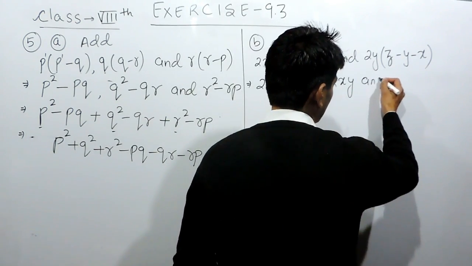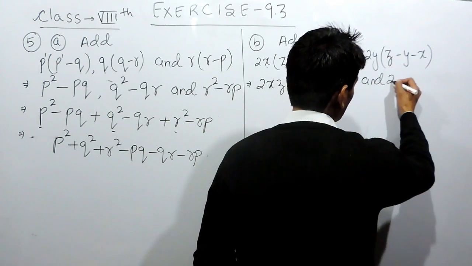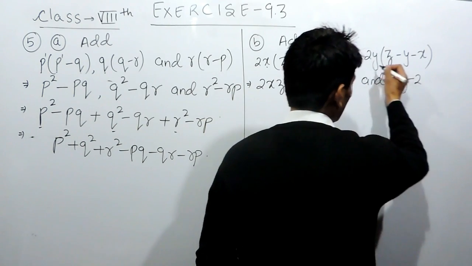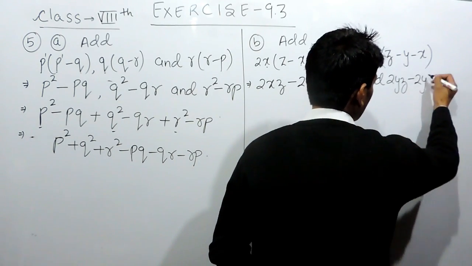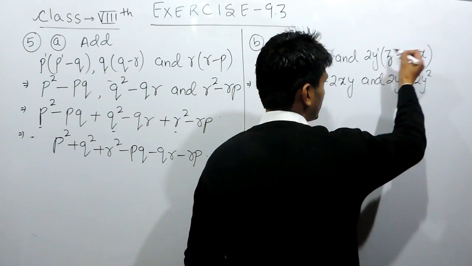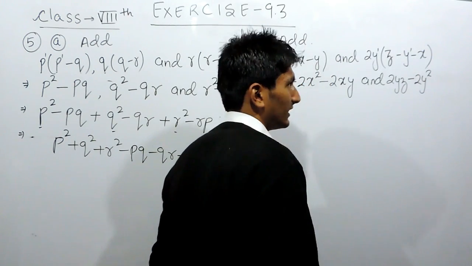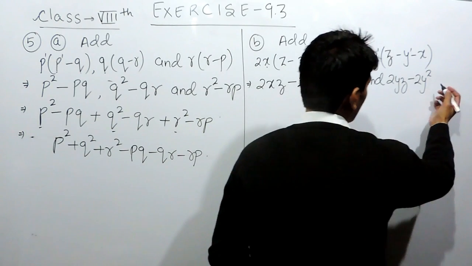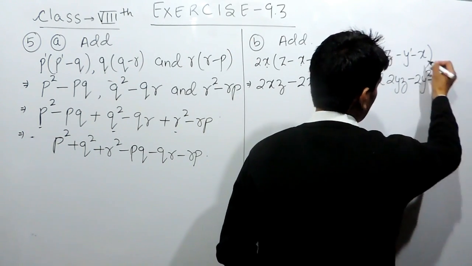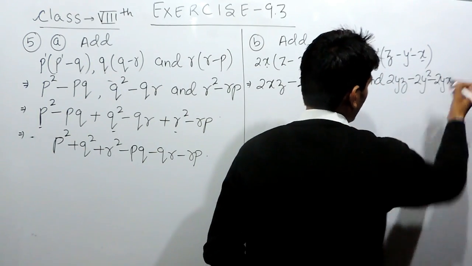And the second term, similarly you can multiply: 2yz will be the first, minus 2. Now 2y multiplied by y, base is same, so the powers will be added. So we know that when the power is not mentioned, we consider it as 1. So this will become y square, and at the last 2y multiplied by this x, so this will become 2yx.